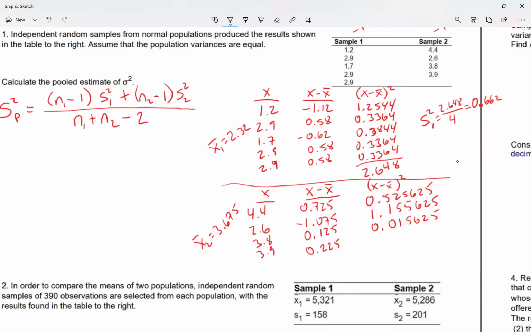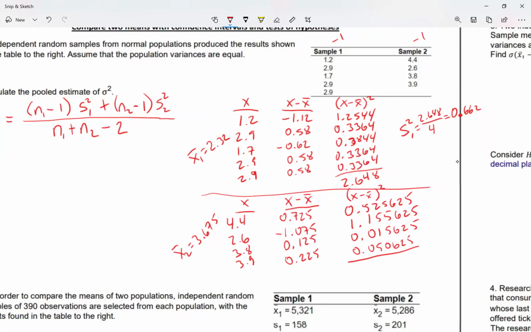Funny, they end the same. 0.225 times 0.225, I get 0.050625. Let me add them all, and that gives me 1.7475.